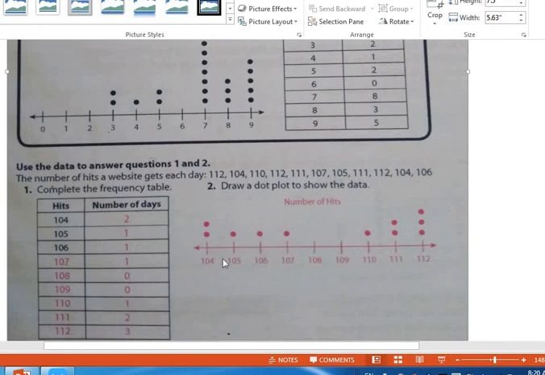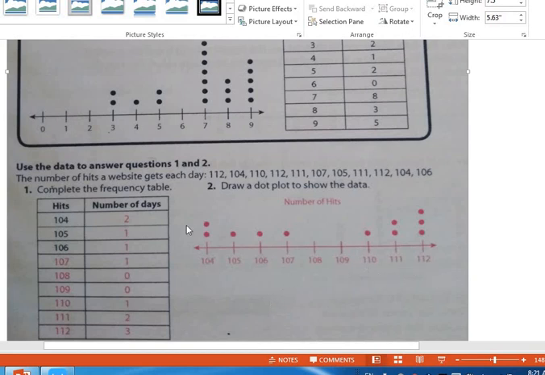So I have here to draw the line, and it's called what? Don't forget, dot plot. What should I do? I will write here the numbers in this order: 104, 105, 106, 107 hits, 108, 109, 110, 111, and 112, in the same order from the least to the greatest.